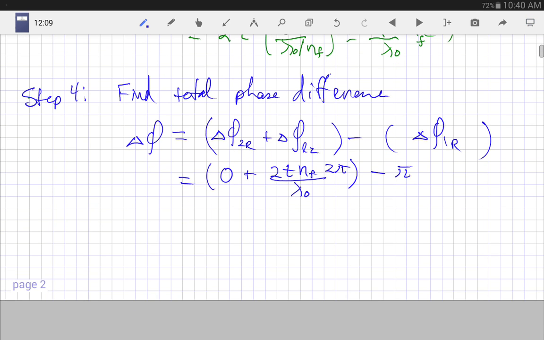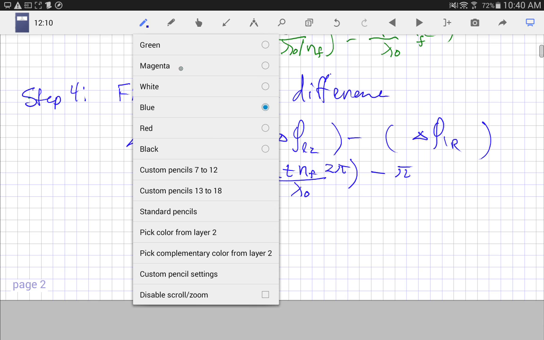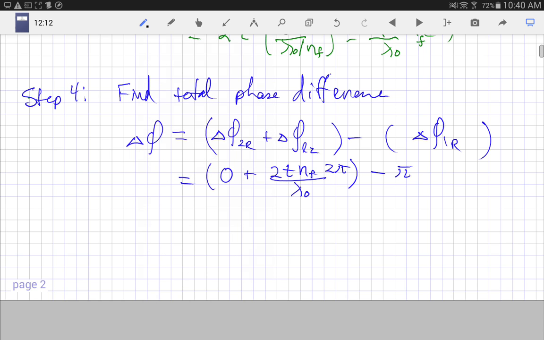I'm going to get 2 conditions here, one for constructive and one for destructive interference. So for constructive, what phase difference gives me constructive interference? Okay, not pi, 2 pi. Constructive interference occurs when they're an integer multiple of 2 pi radians out of phase.